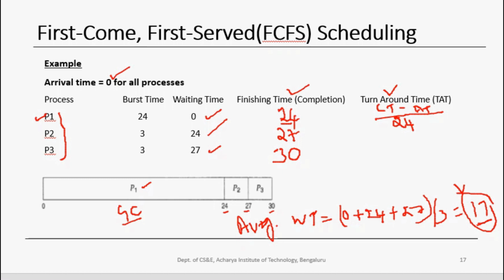Similarly for P2 it is 27 minus 0, because we have assumed that all these processes arrive into the ready queue at 0. So this is also equal to 27, and the turnaround time of P3 is equal to 30. Okay, so now for this algorithm we have got the average waiting time and the turnaround time.